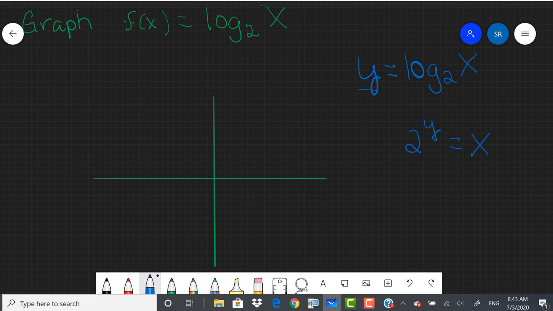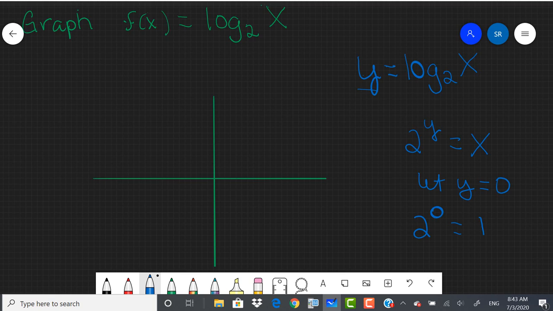So the first thing I want to do is find my x-intercept by letting y equal 0. So 2 to the 0 power equals what? What is anything to a 0 power? It is always, hopefully you guys are all saying 1.